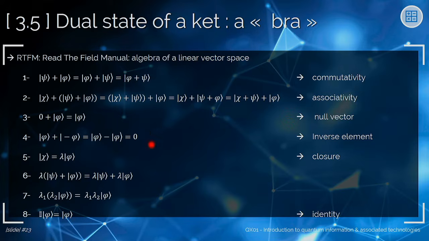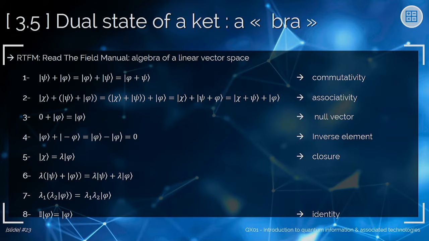I have the null vector, so that means that there is a vector 0 that added to any ket will give me my ket back. And I have an inverse element, so I can have a ket and something that would give me the null vector. In standard vector notation it is minus u. Here I would have minus phi. I have closure.